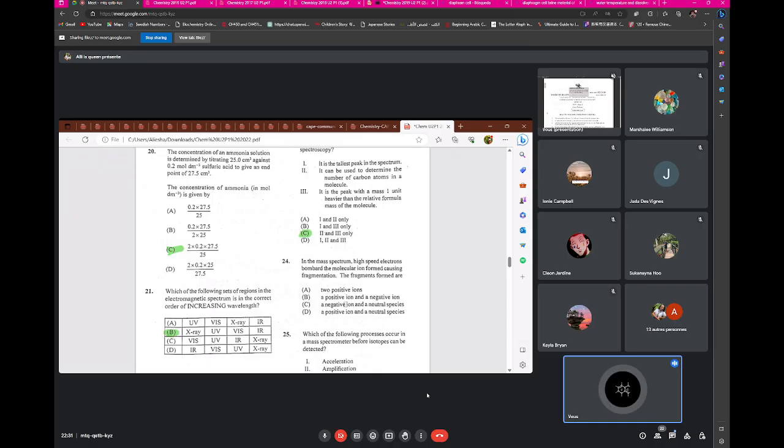Well, are radicals created in fragmentation? Yes, no, maybe, I don't remember. Not generally. If we look at the fragments, we should be able to tell. But they should be positive for the most part. We're not going to have the creation of any negative ions, because we're looking at a molecular ion. So I think you should get two positive ions. Alright, but it could be a neutral species. Can somebody confirm for me, please?